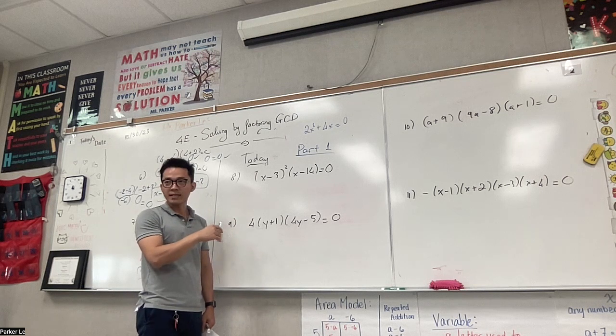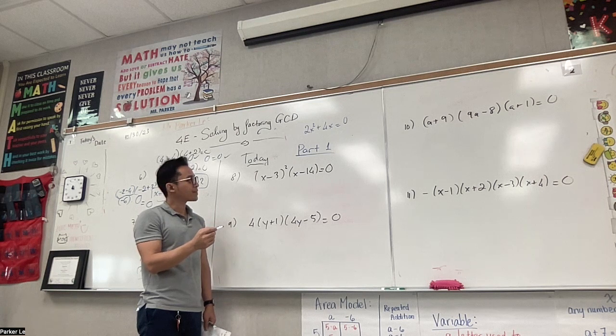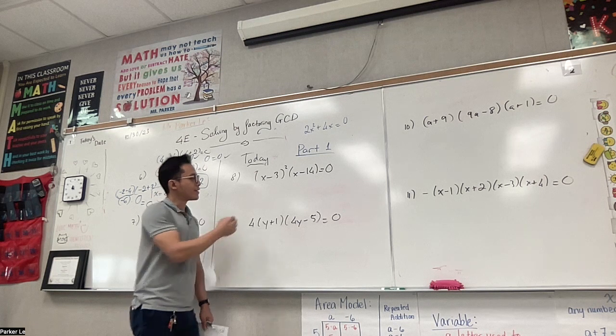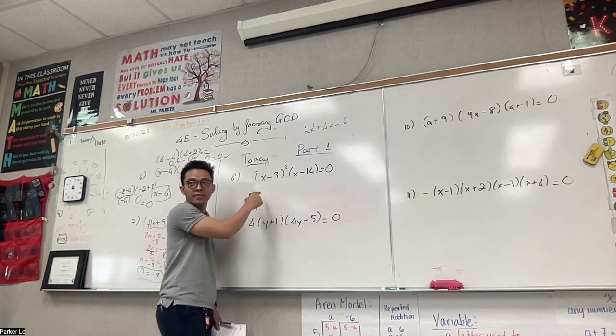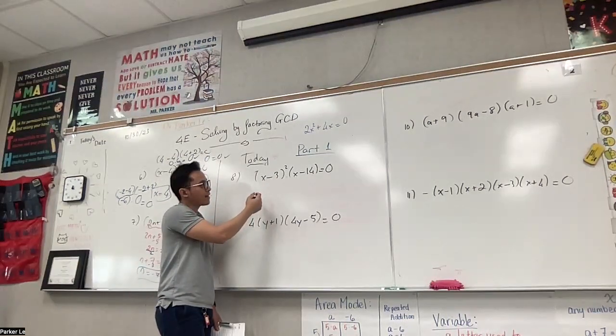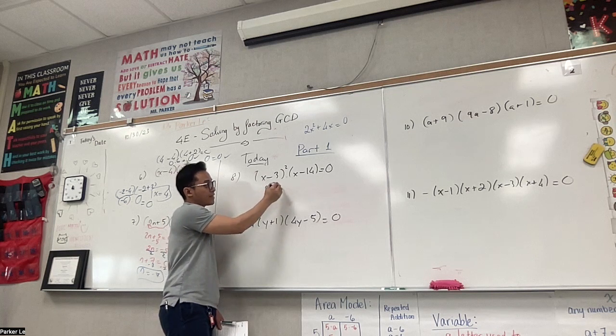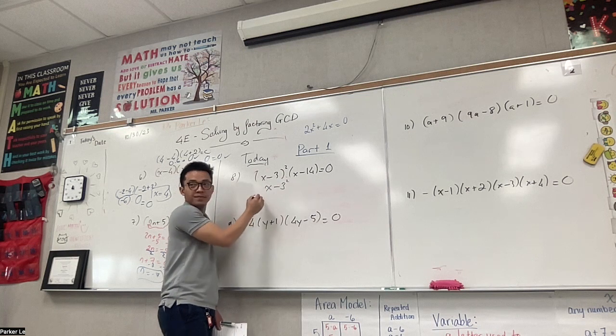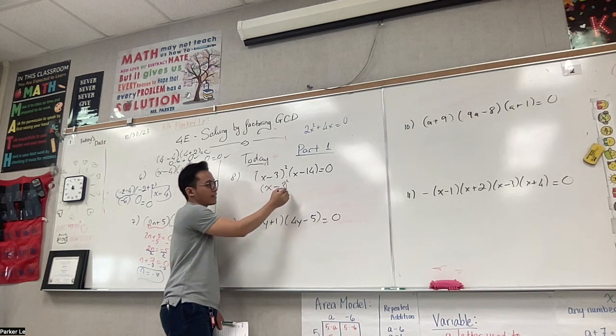How you do this? So how you solve this? How many factors? 2 factors, right? So what am I gonna do? x minus 3 squared, like this.